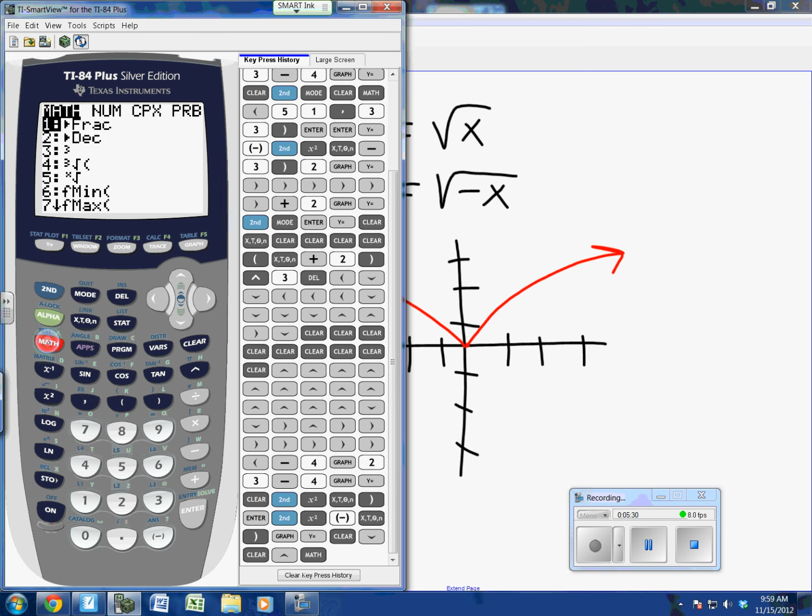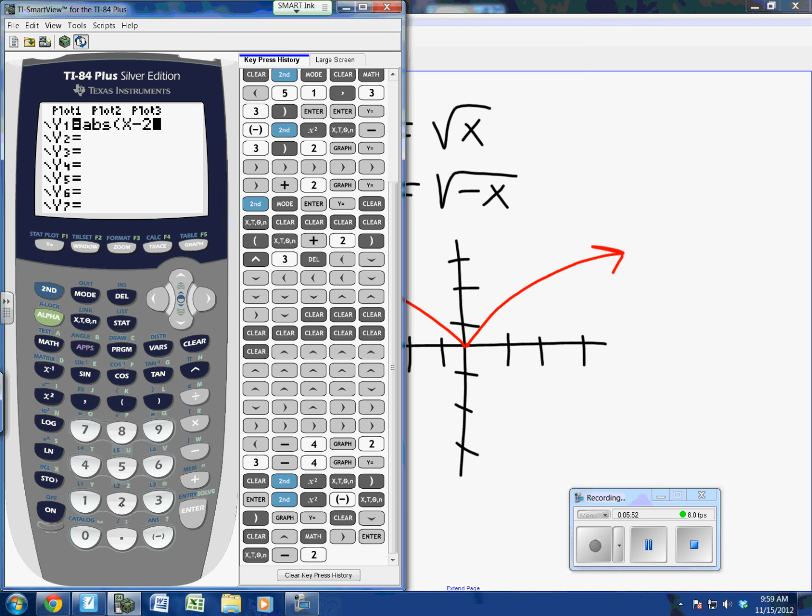You hit the math button, you go over to number, and the very first one says absolute value. You hit enter, and paste it back to your y equals screen. Then you can type in whatever you're doing, like -2 is one of them. So -2, and you close the parentheses. And that's supposed to mean absolute value.